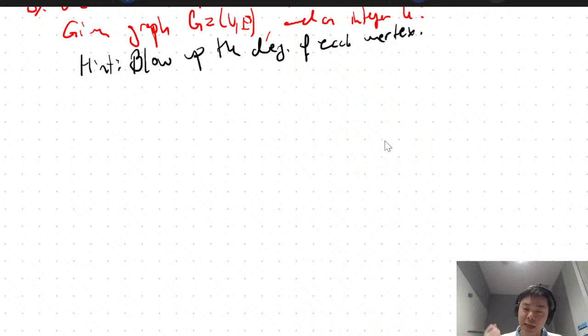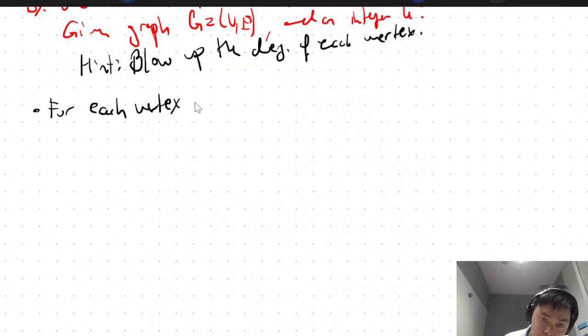For each vertex, let's call it vi, we're going to construct vertices.